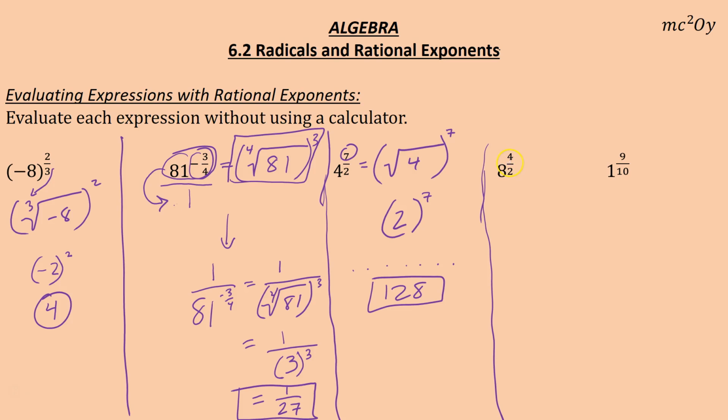8 to the 4 halves. The reason I put this problem on here, because if you're taking notes, you may not want to do this. You'll be frustrated here in a minute. If I do the square root of 8 to the 4th, well, the square root of 8 is tough. It's a decimal. And then I raise it to the 4th power. Some of you would be able to do that.